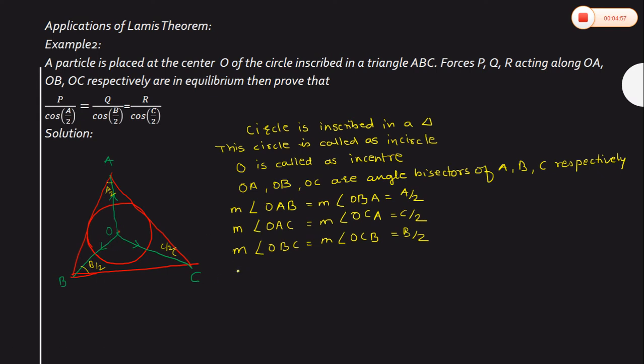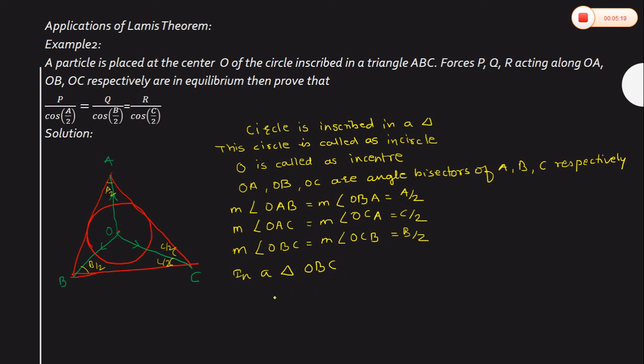So in triangle OBC, the angle at B is B by 2, the angle at C is C by 2, and we know that the sum of three angles of a triangle is 180 degrees.